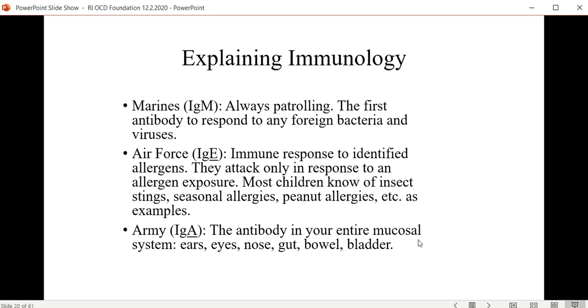IgA is the antibody in your entire mucosa system. So if you think ear, nose, eyes, throat, gut, bowel, bladder, that's all the mucosa. If you look inside your lip, if I was with you, I'd show the inside of my lip, and that's your mucosa lining. IgA sits in that lining. And this is the defense of your first entry of most things you breathe, you eat.